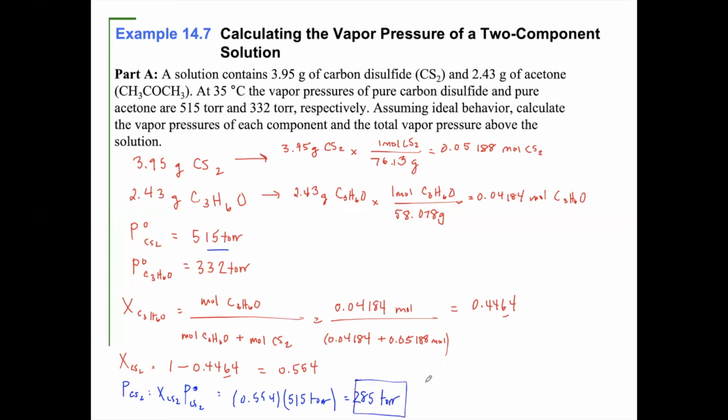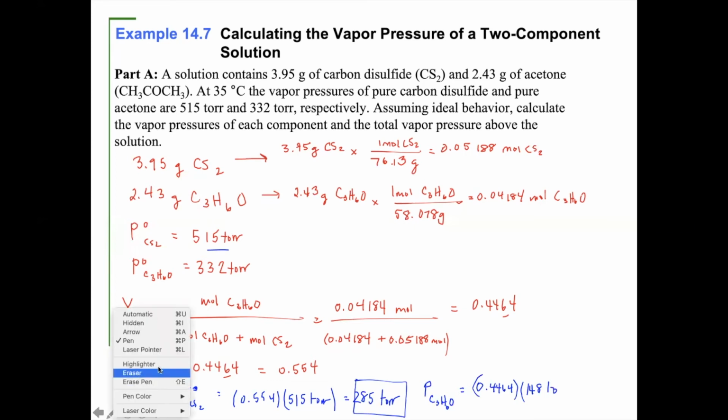Likewise, the pressure of the acetone is going to be the mole fraction of the acetone times the pressure of pure acetone. Oops, putting the cart before the horse here, which is 332 torr.